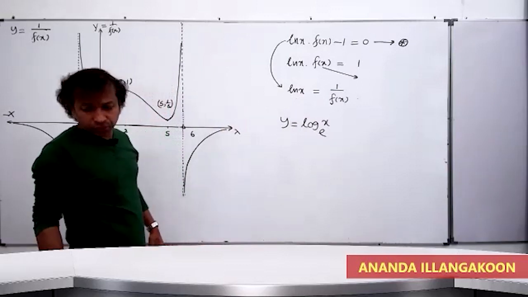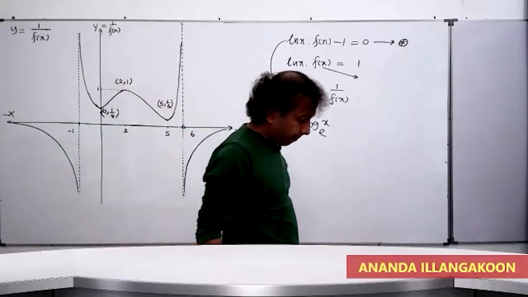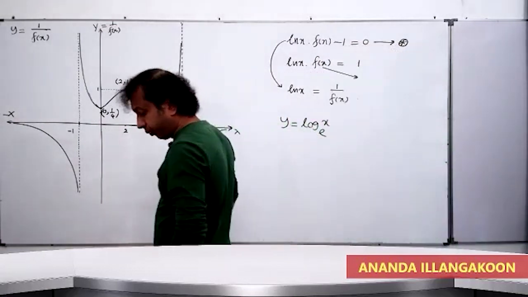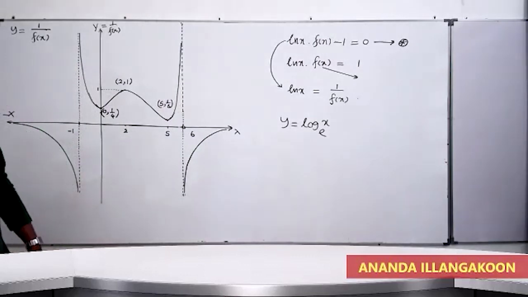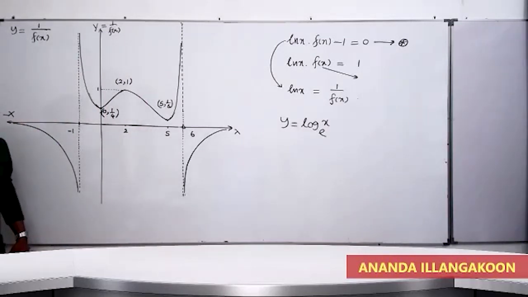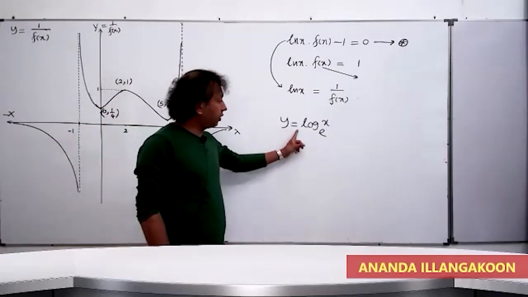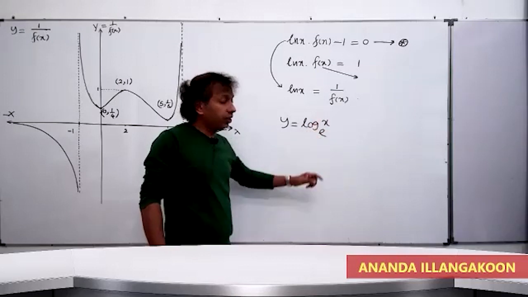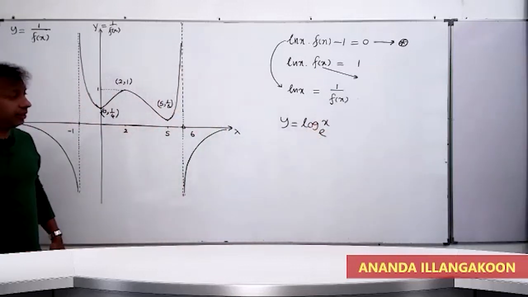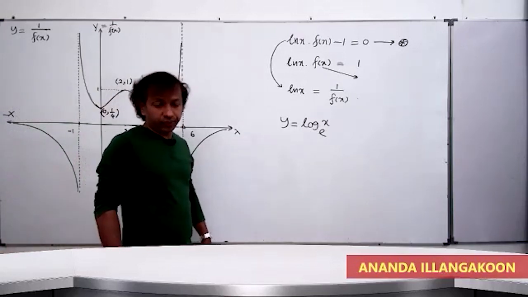The solutions of the given equation star are the x coordinates at the points of intersection of the graph y equals log x to the base e and y equals 1 upon f(x).